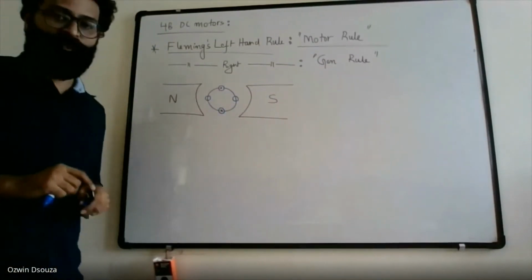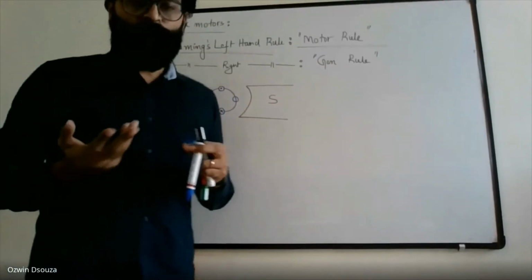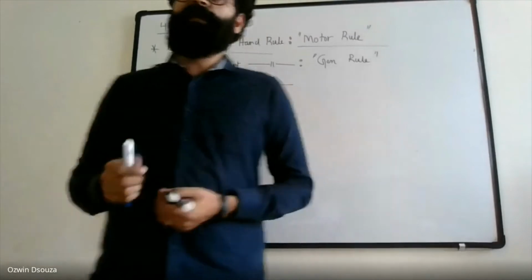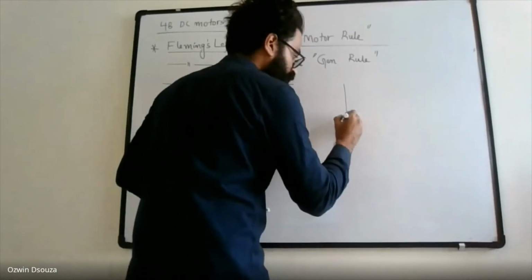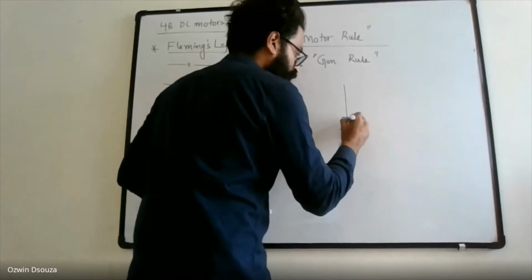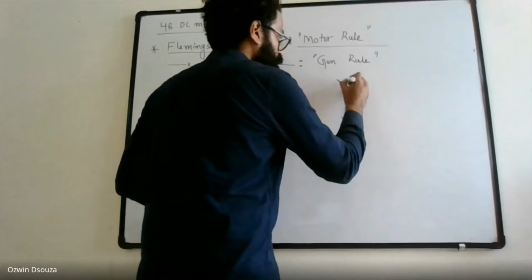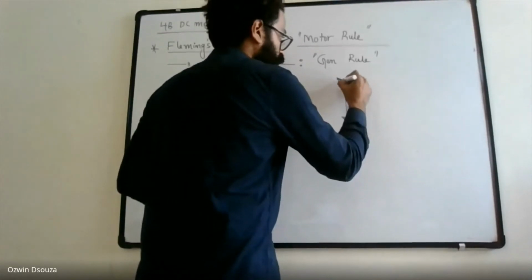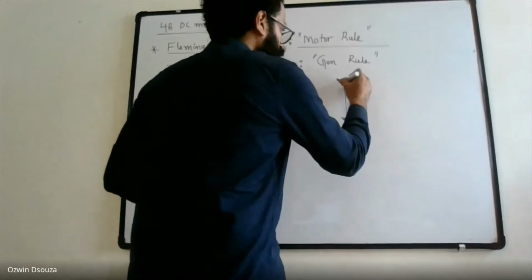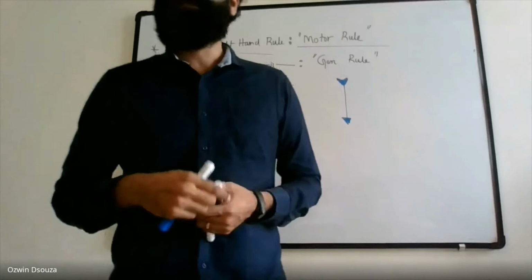Cross mark and dotted mark. So cross mark is nothing but entering. That can be visualized with the help of an arrow. Usually, an arrow is used to understand the entering and leaving phenomenon.